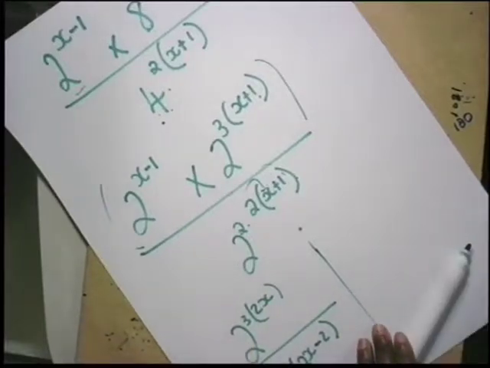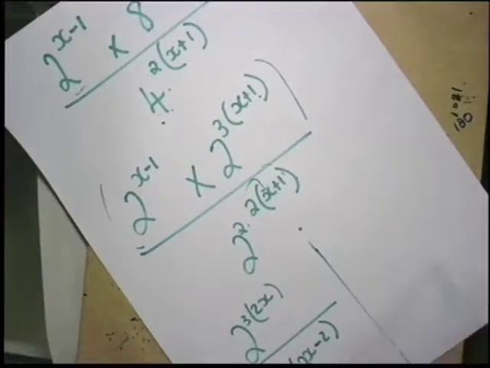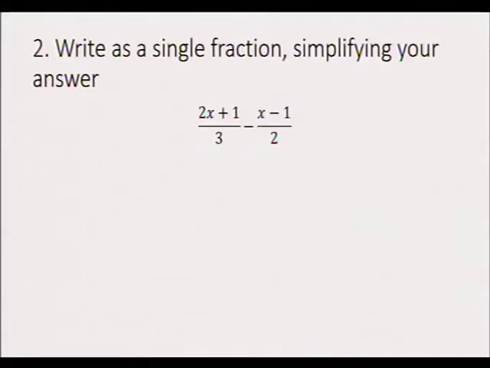Let's move on to the next question. Write as a single fraction and simplify your answer. How are you going to write this one as a single fraction? This is under algebra as well, and I find this one quite challenging to the students.